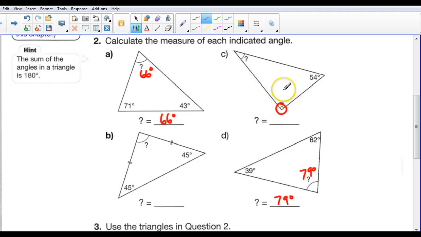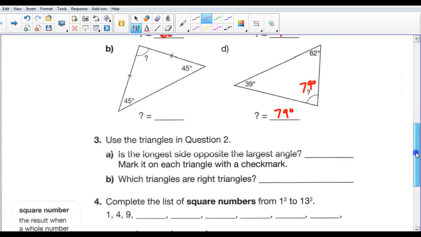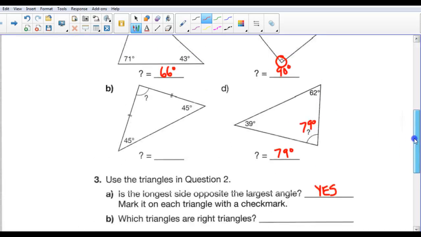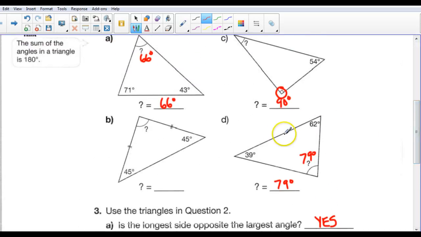This looks like the longest side because this is 90 degrees. Okay, right there. So I would say the answer to this question, is the longest side opposite the largest angle? I would say yes, it is. Mark on each triangle with a check mark. Okay, so go ahead and mark it with a check mark, mark it with a check mark, and with a check mark. Okay?